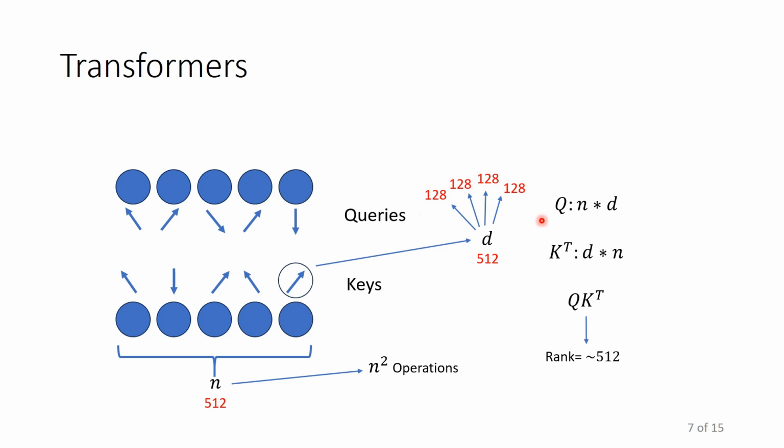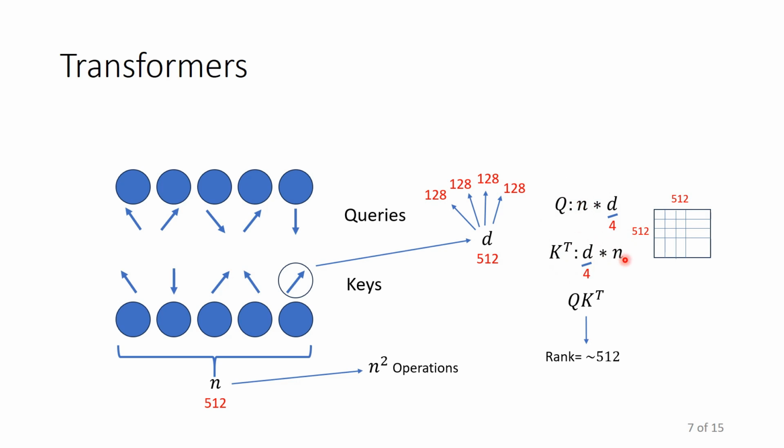So what this does is, we no longer have an n by d matrix, right? We have an n by d over 4 matrix. And for K transpose, we also have a d over 4 by n. But this doesn't really change the final dimension of the matrix, right?